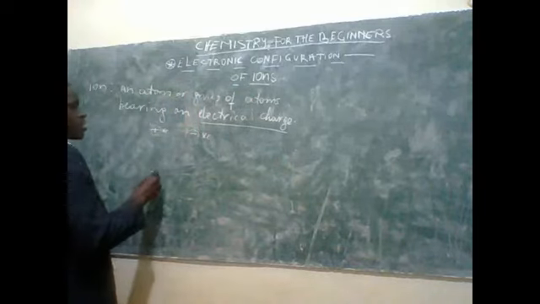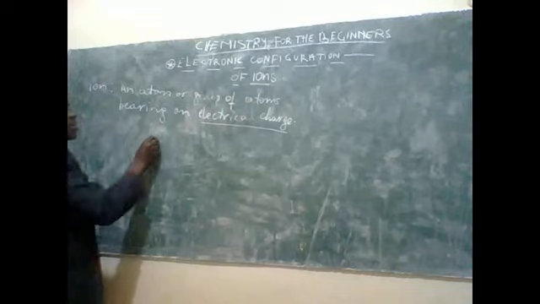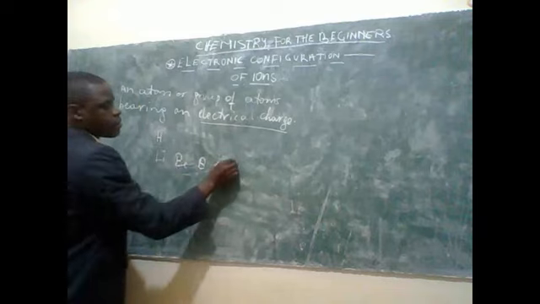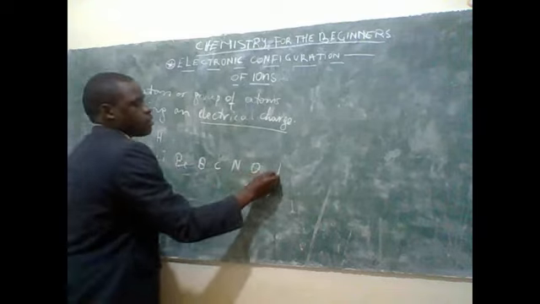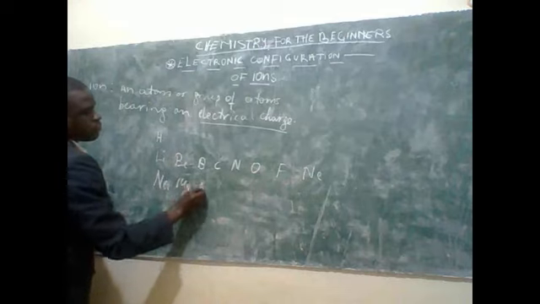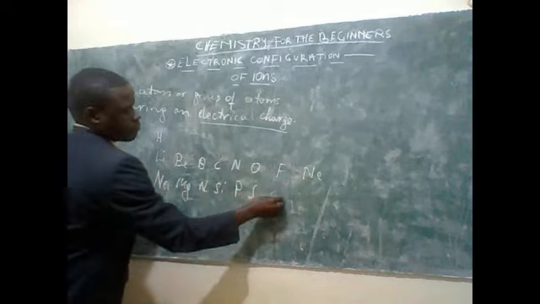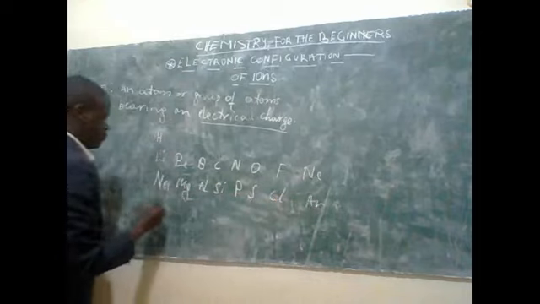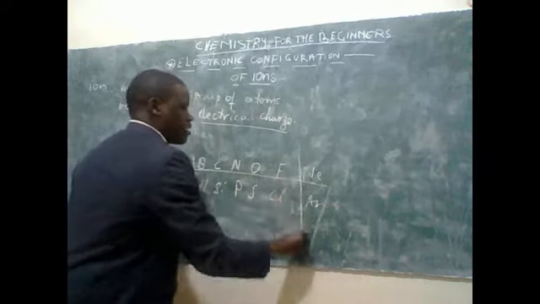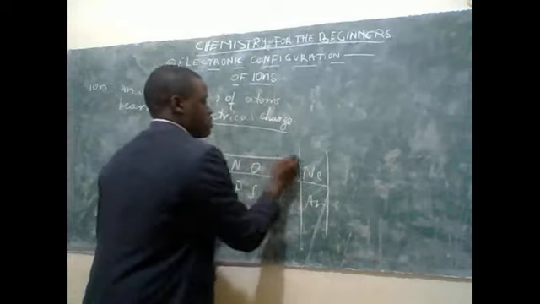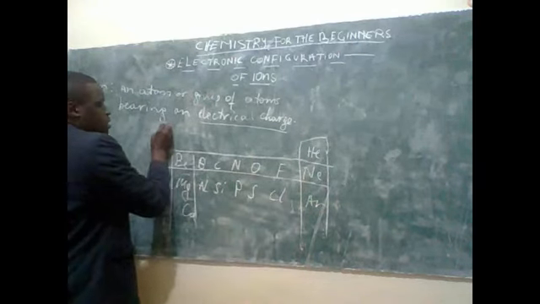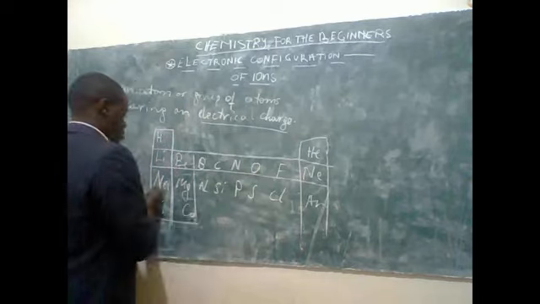For example, I can try to draw the periodic table here. This is going to be enough to demonstrate our experiment.